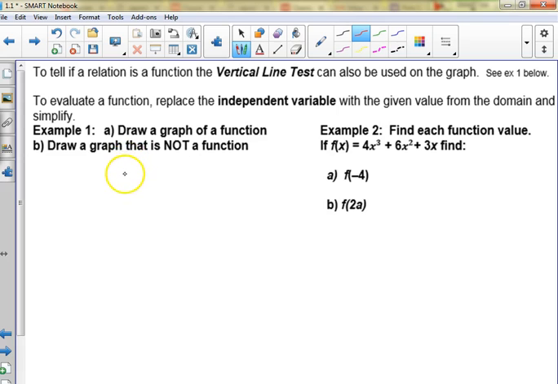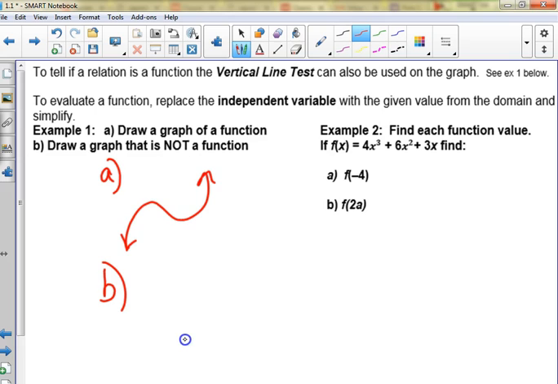So you have these examples. Can we draw for example 1A a graph of a function? What could we draw? A parabola, as long as it opens up or down. A line, any line, as long as it isn't vertical. We could draw a cubic, okay? Anything, as long as it doesn't cross the vertical line more than once.